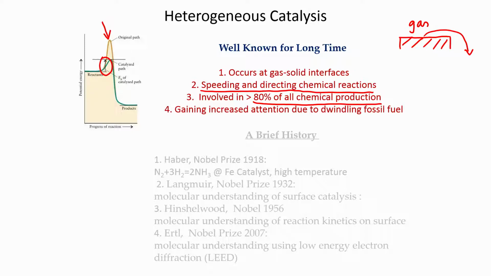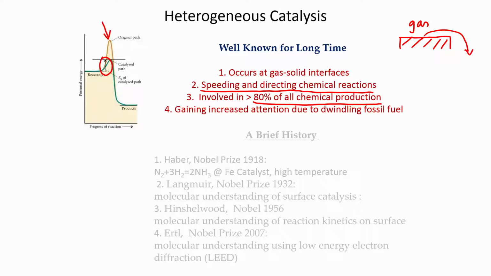As we know, we are consuming fossil fuels, coal, natural gas or oil all the time for the benefit of humankind, for industrialization, but at the same time we have to understand that they are finite resources, and we have to improve the procedures by which we can increase sustainability, and for that heterogeneous catalysis is going to play an important role.